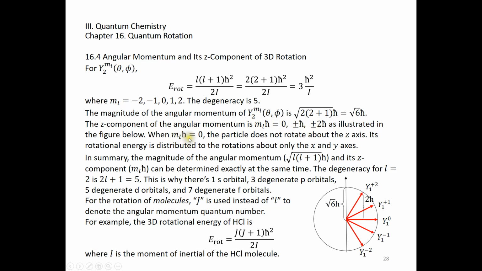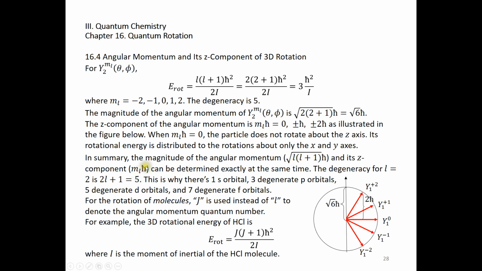When m sub l is 0, the particle does not rotate about the z-axis. Therefore, its rotational energy is distributed to the x and y axes only. And in summary, the magnitude of the angular momentum is the square root of L times L plus 1 h bar. Its z component is m sub L times h bar.